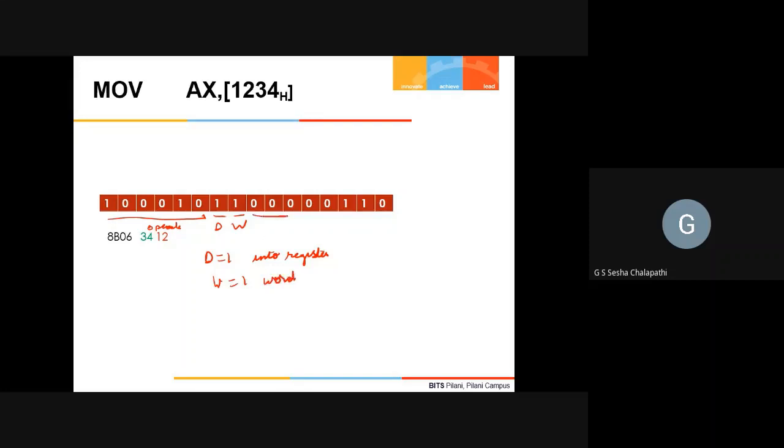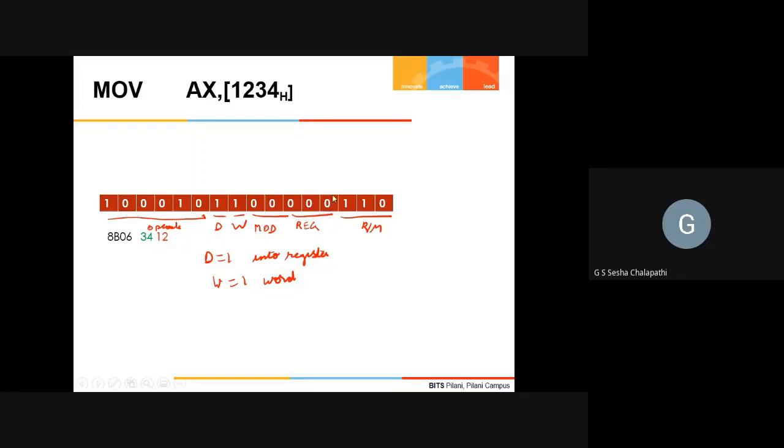Now the mod, reg, and R/M field. To do this, first of all, we put the reg field.